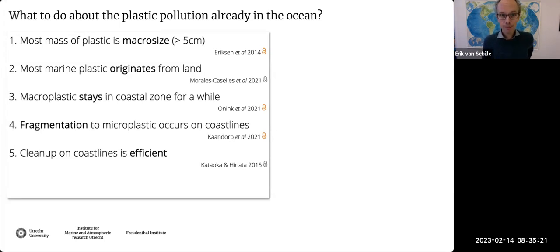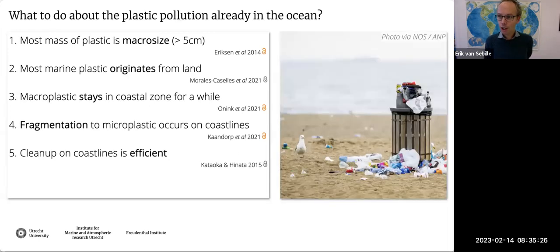So if you want to take out plastic pollution anywhere, then just do it on the coastlines. If you remove plastic there, then you prevent fragmentation, you prevent plastic from going back into the ocean. So it's a very, very effective way of removing a lot of mass from the ocean very quickly.